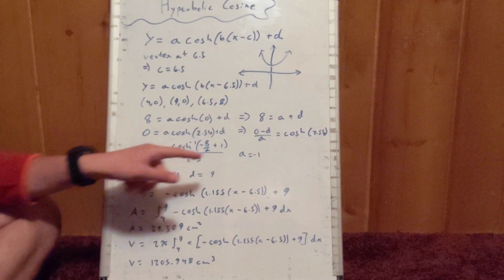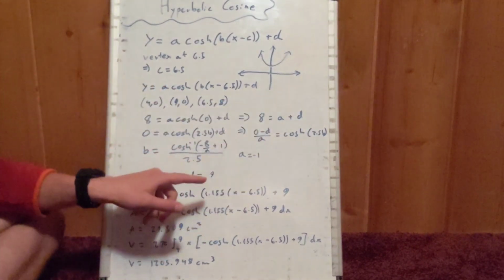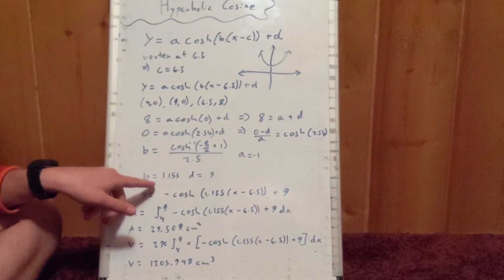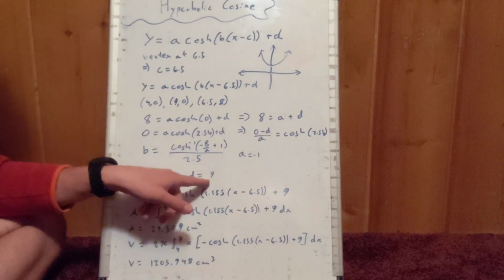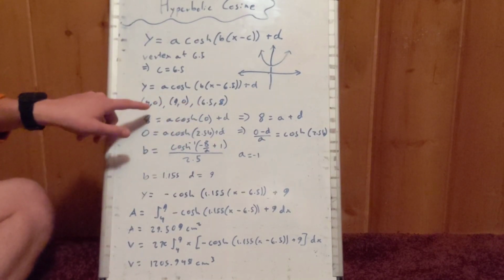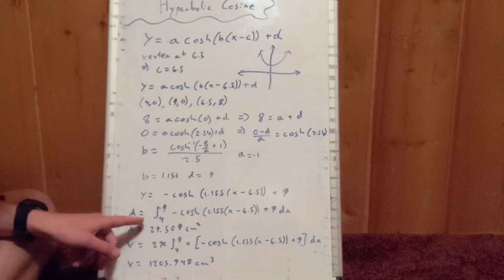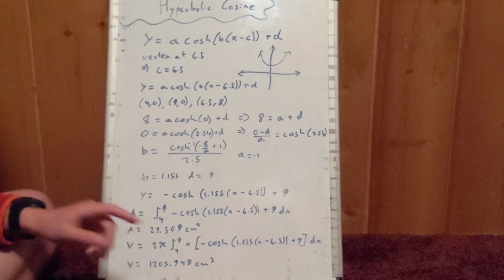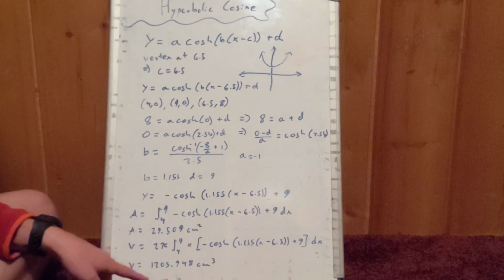And so we arbitrarily assigned a value of A equals -1, knowing that that would later change our D value. And for this A value, we found a horizontal stretch value of 1.155 and a vertical shift value of 9 that would give us the correct maximum and x-intercepts. We then used our typical area equation, the integral from 4 to 9 of that function, to find our area, and we used our typical cylindrical shell method to find our volume.